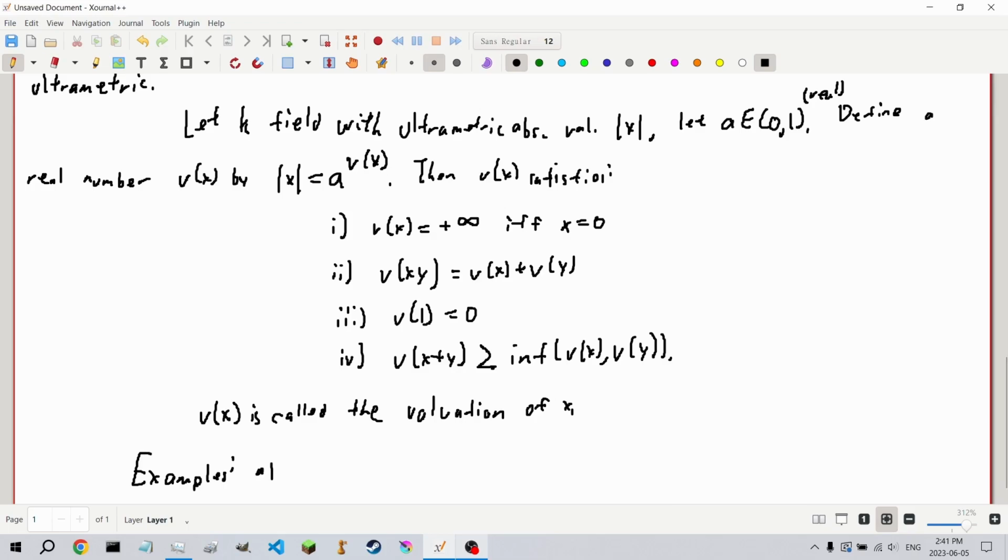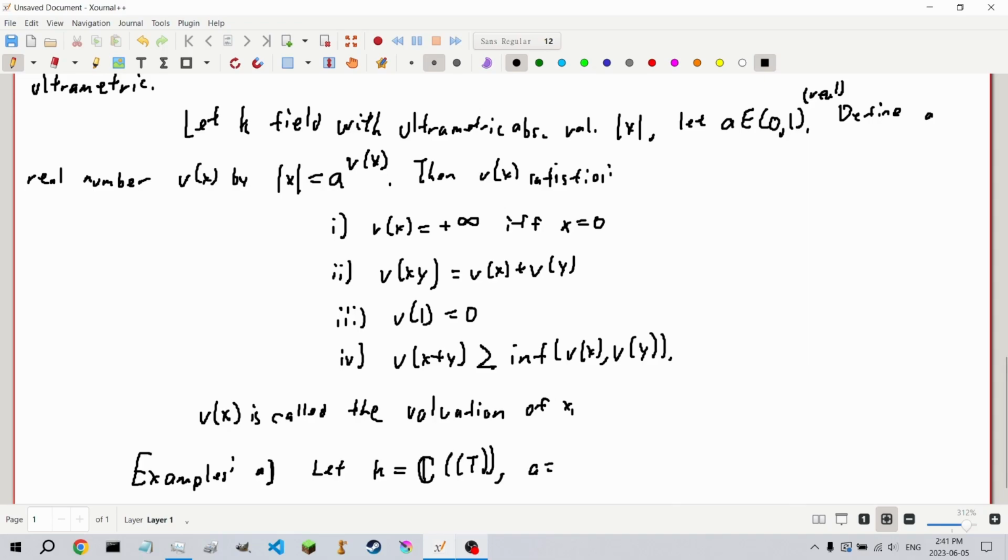Part A, we're going to let K be the formal power series on the complex numbers, with a single indeterminate t.